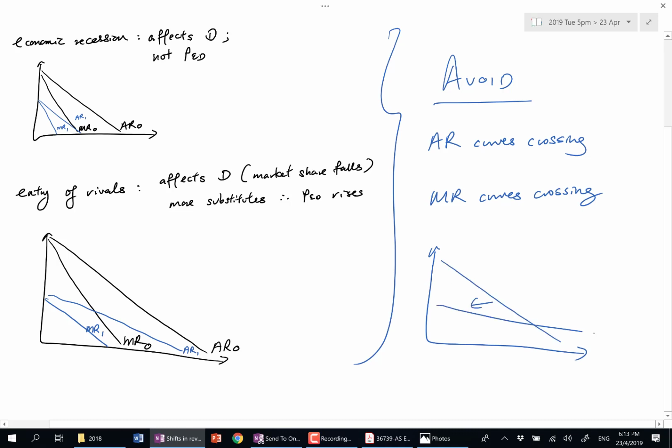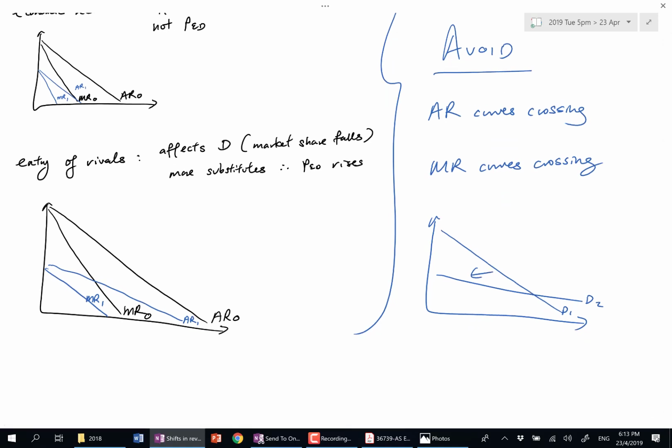Never, right? You never said demand 1 falls to demand 2 like that. It never happens that way. If it happens that way, that will say your demand curve has fallen such that at certain price level, quantity demanded is higher, at certain price level, quantity demanded is lower. No such thing. Fall means fall, alright? So the old and the new revenue curves shouldn't intersect. MR and AR can intersect. AR and AR, MR and MR cannot intersect.